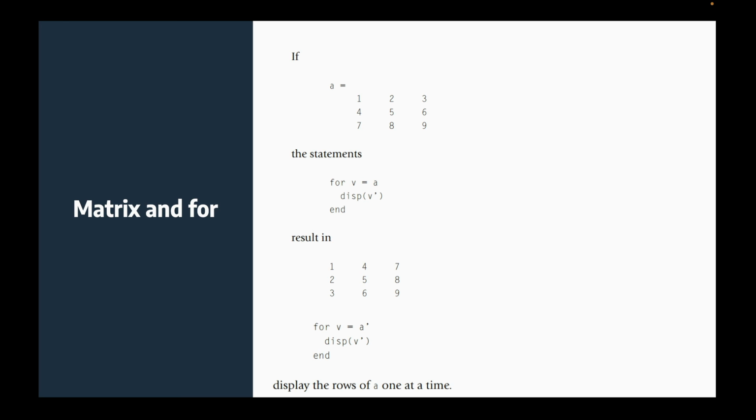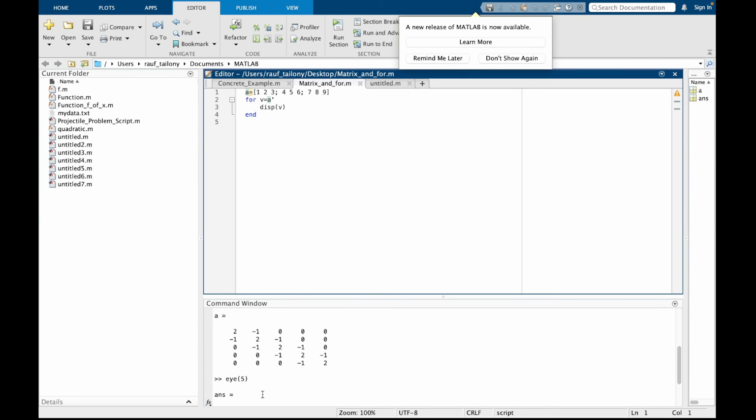Remember in your homework one, you go through each component of the matrix as you are in a for loop. So for V equals A, we'll say V equals 1, then 2, 3, 4, 5, 6, all the way to 9. Display V prime is going to display the transpose of that matrix or array, as it's called in MATLAB.